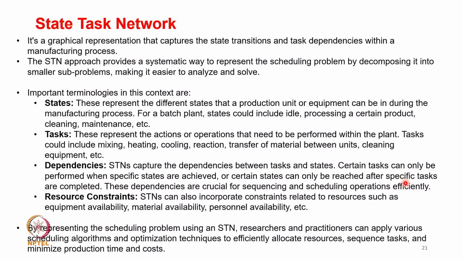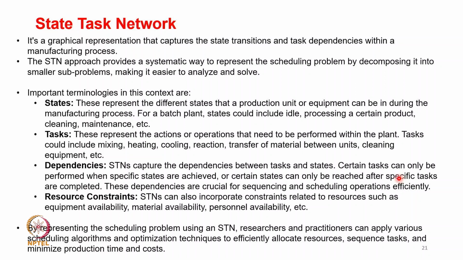And then the dependency. The state task network captures the dependency between state and task. Certain tasks can only be performed when specific states are achieved, or certain states can only be reached when specific tasks are completed. These dependencies are crucial in sequencing the scheduling operation.